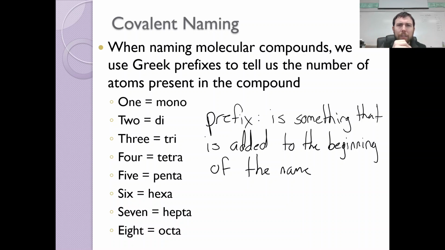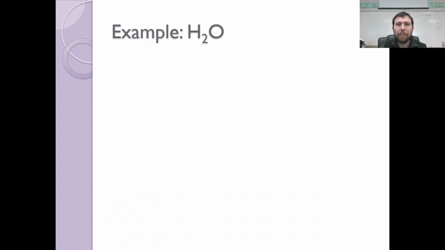Now that we've got these prefixes, let's walk through some examples. I got 3 examples for us to walk through of how we would use the covalent naming rules and these prefixes to come up with the names for covalent compounds. Let's take a look at our first one. We've got H2O.